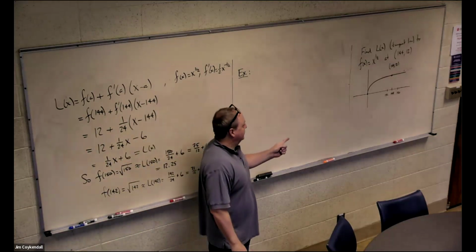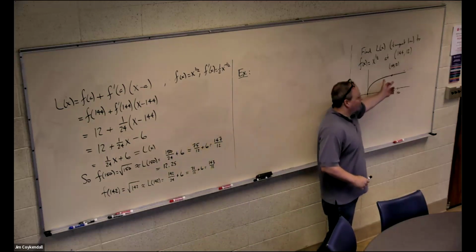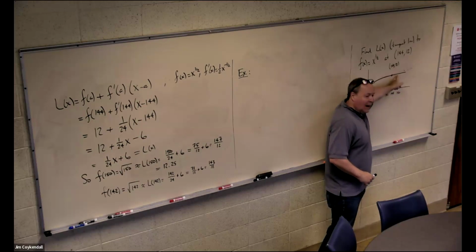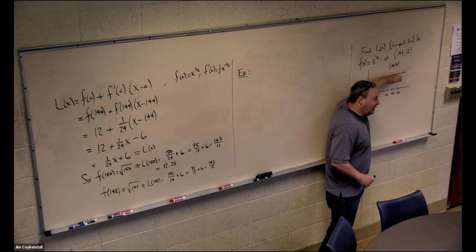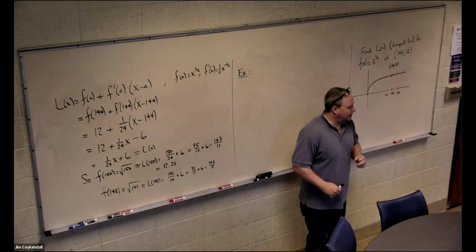Look at the picture. The tangent line sits on top of the curve. The red thing is what's giving me my estimates. The black thing is the true answer. And since the red thing is on top of the black thing, it should be giving me something a little bit too big.